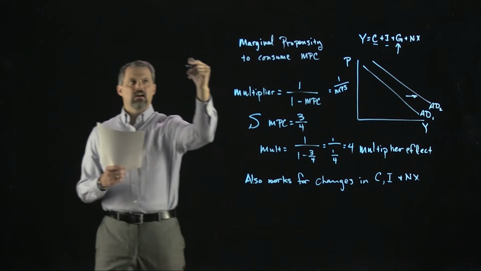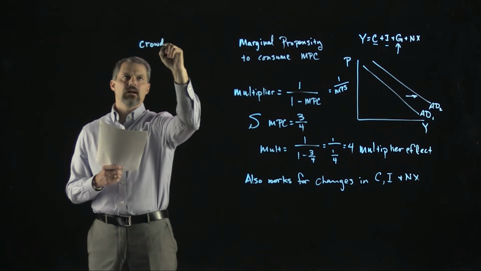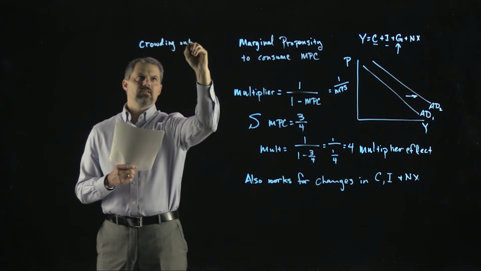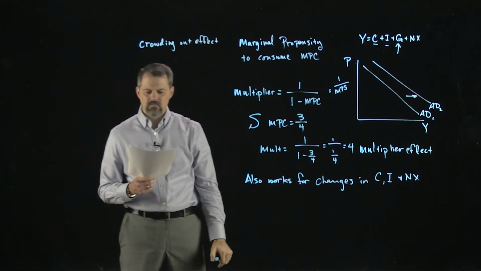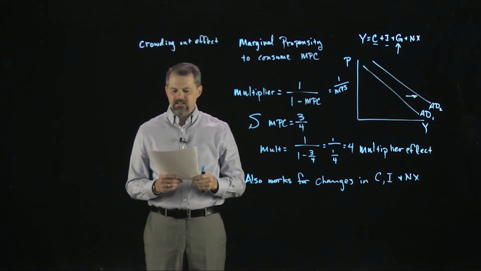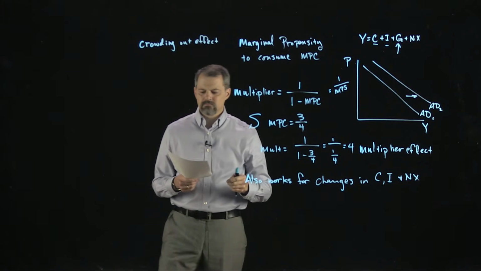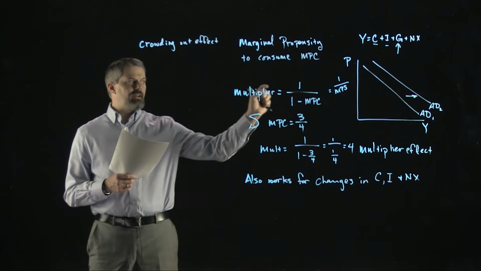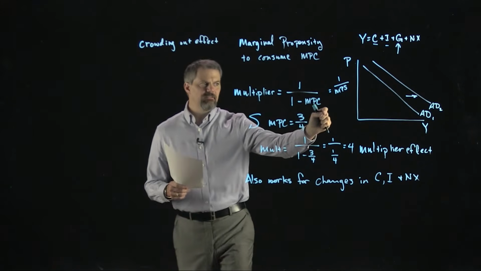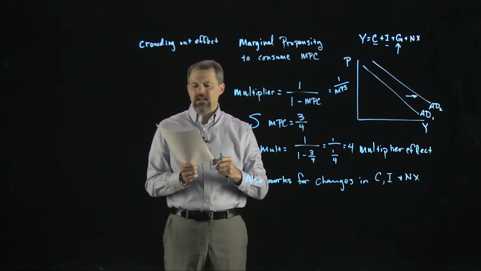We also need to talk about something that we call the crowding out effect. And the idea here is that an increase in government spending is going to have a multiplier effect on aggregate demand, but there's also some crowding out that goes on.